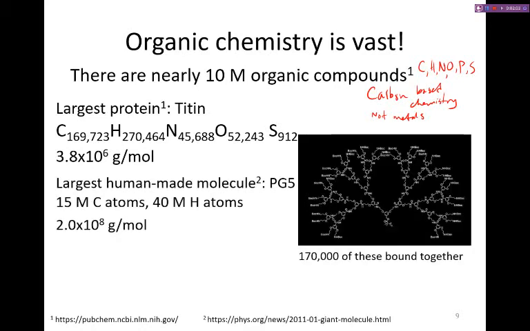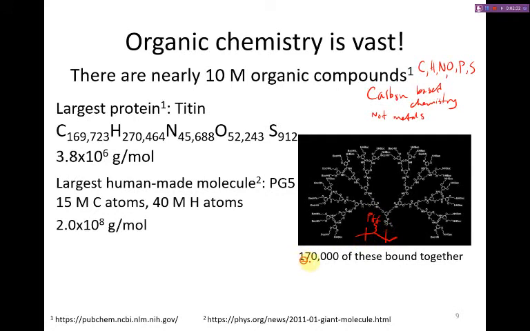The largest human-made molecule is called PG5. This was synthesized in 2011, and it has over 15 million carbon atoms and 40 million hydrogen atoms. And while it doesn't look very big in this structure, that's because if you notice down here, what it's showing is this symbol, and it has the structure, and then it continues on.